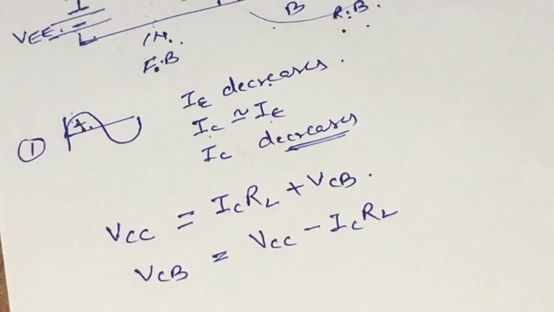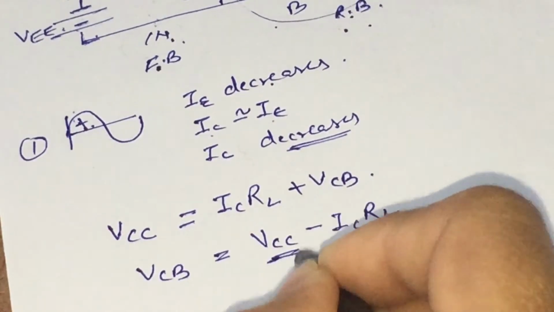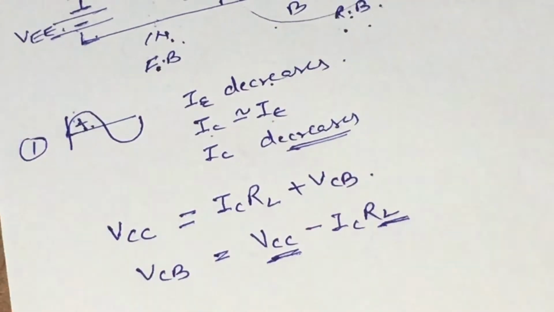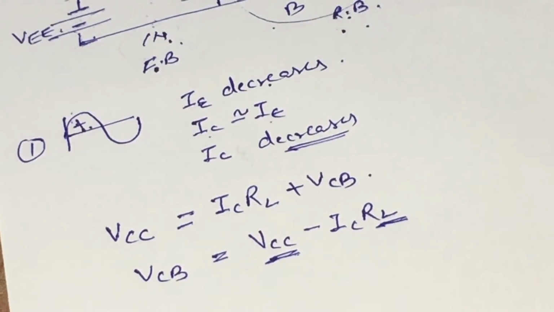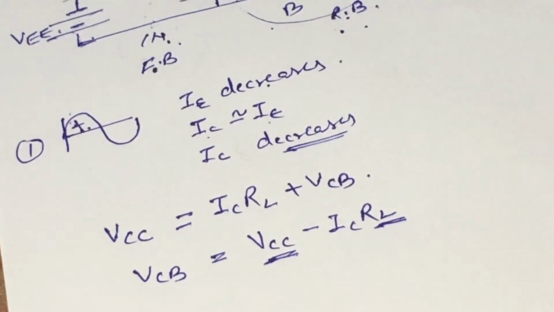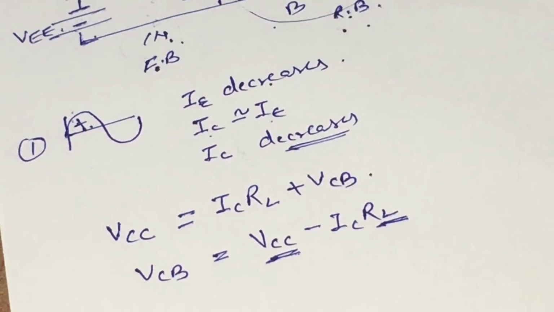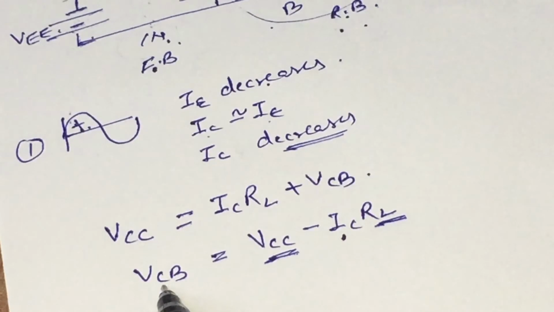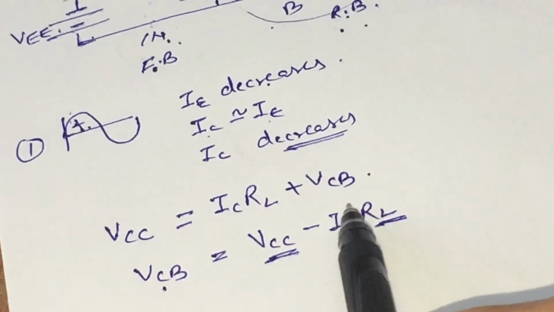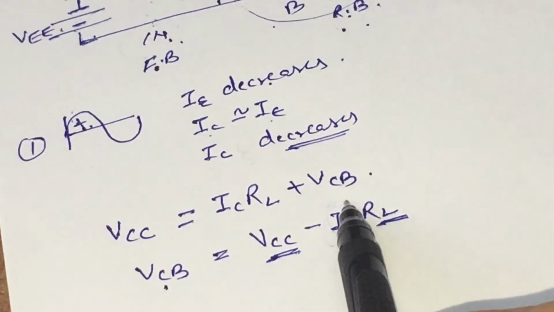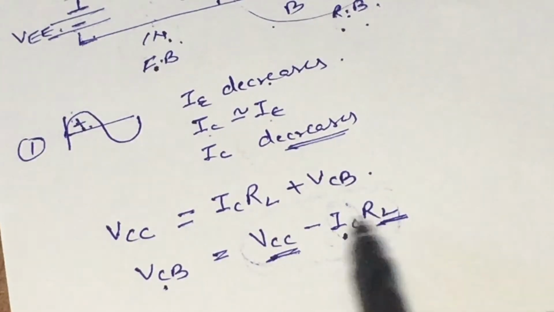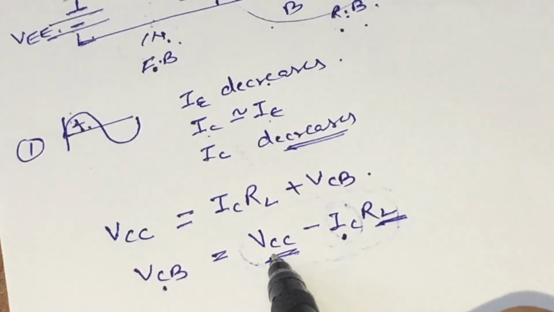And in our case, VCC is the fixed reverse biasing source and RL is the fixed resistance, that is load resistance in the output circuit. It means change in IC will make a change in VCB. If IC increases, the whole quantity will decrease, because this is a constant quantity.